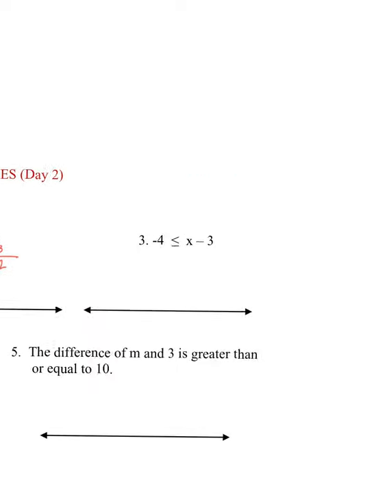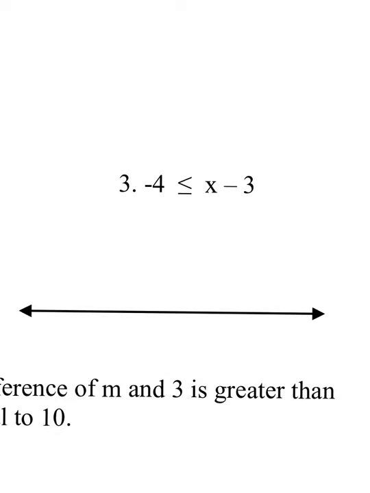Let's do another one here. -4, so this is a little bit tricky. -4 is less than or equal to x minus 3. And the reason that it's tricky is because we have our x on the right-hand side of our inequality.